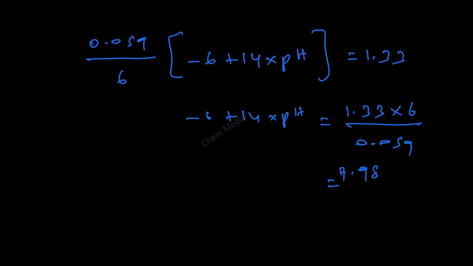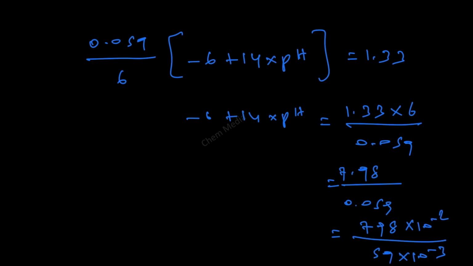So, 7.98 divided by 0.059, and that we can write as 798 times 10 to the power minus 2 divided by 59 times 10 to the power minus 3. So, we will have 10 to the power minus 1 in the denominator.